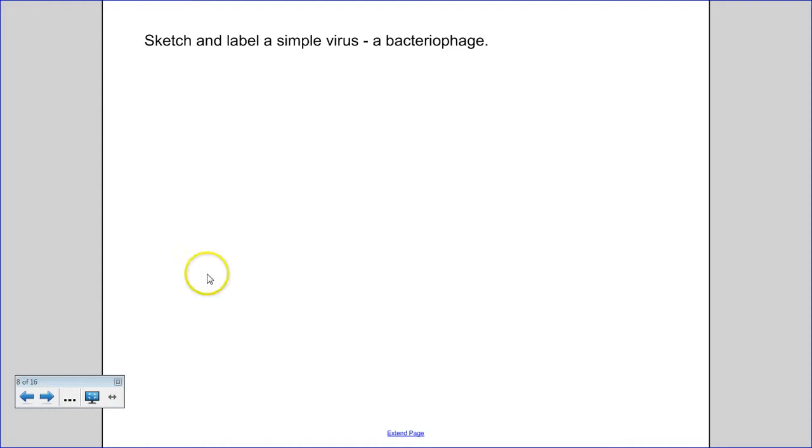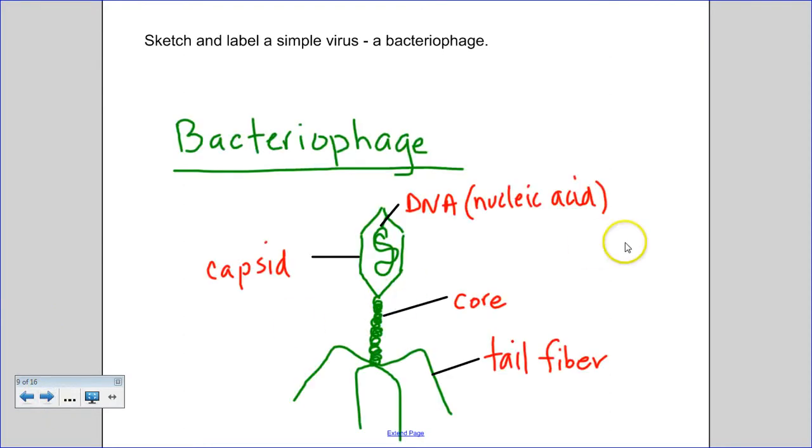You're supposed to sketch one. This is my sketch, a very simple version of it. So, a bacteriophage is a type of virus that infects bacteria, and certain bacteriophages are specific for certain bacteria.